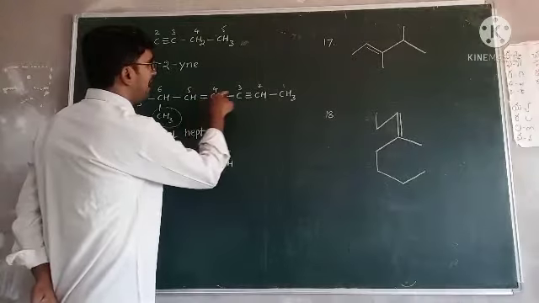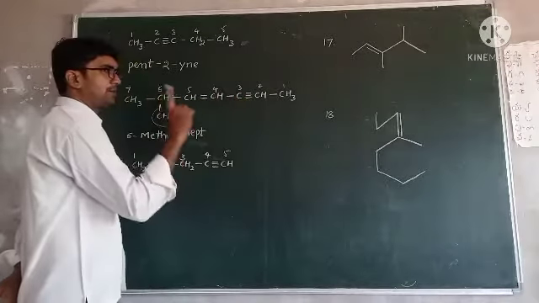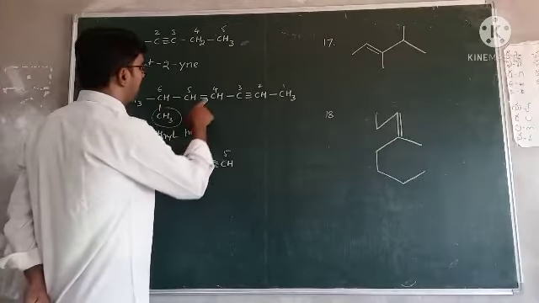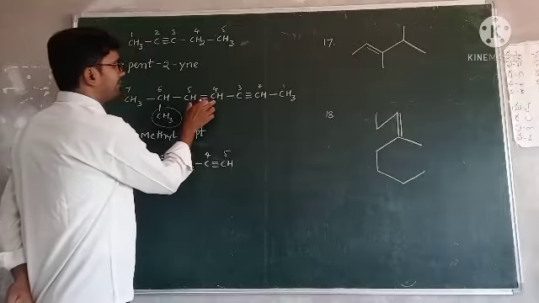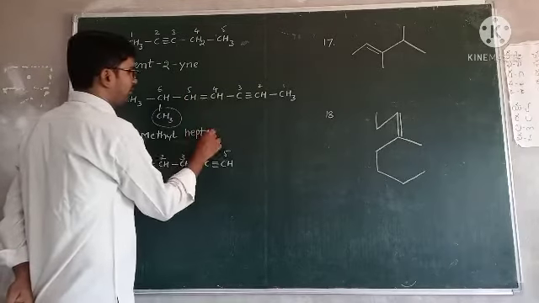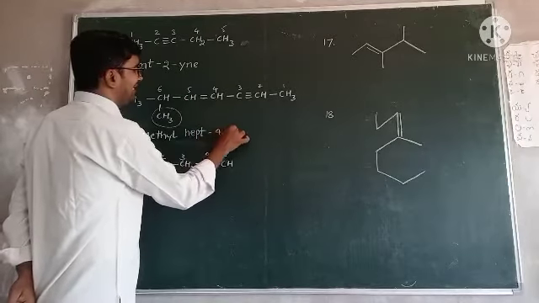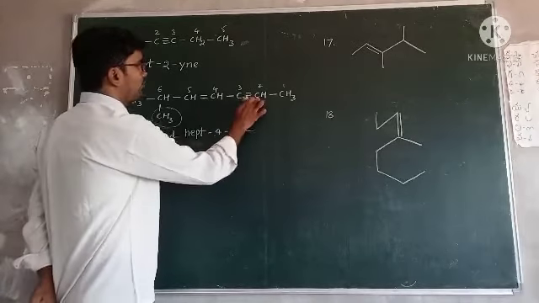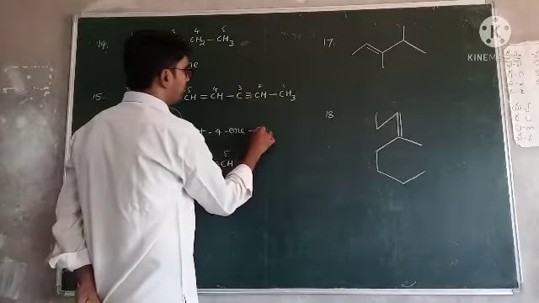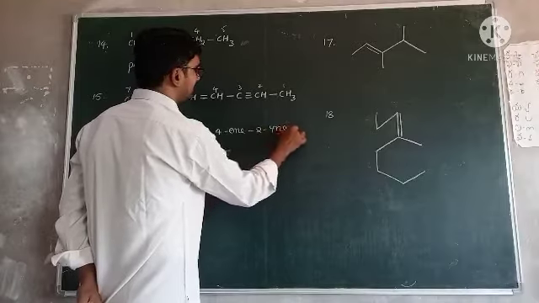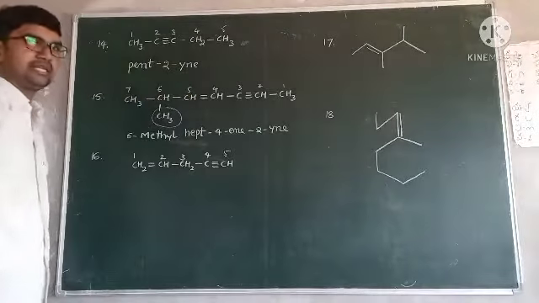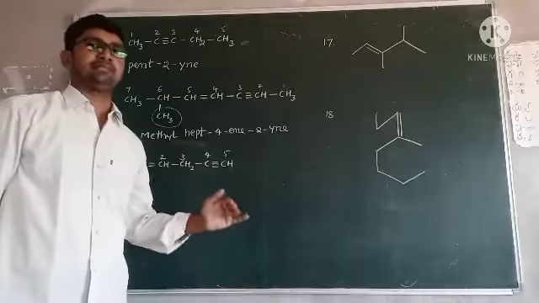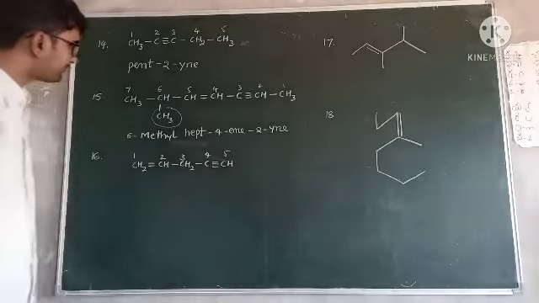One is double bond and one is triple bond. Every time we have to write first double bond only. Double bond at 4 and 5 carbons. So at 4th position, 4-ene, and 2 and 3 means 2-yne. Okay, completed. This is the order. First all double bond, next triple bond in naming.